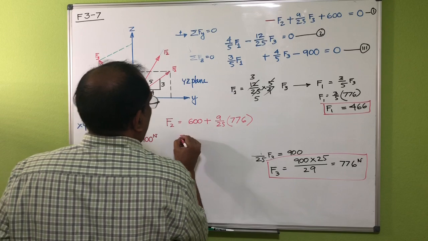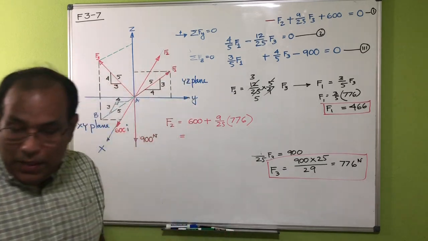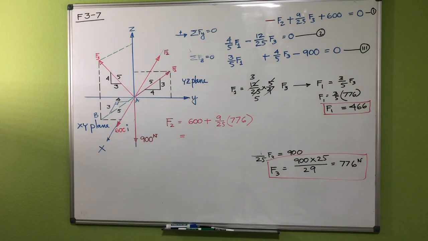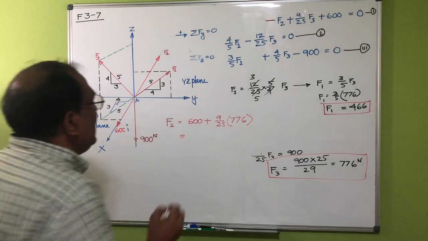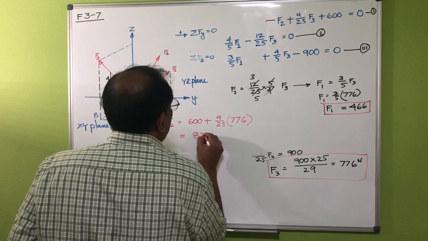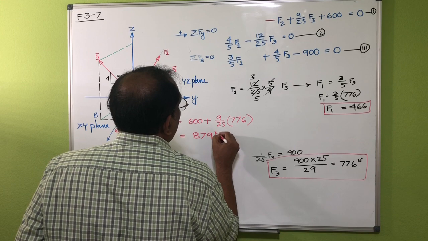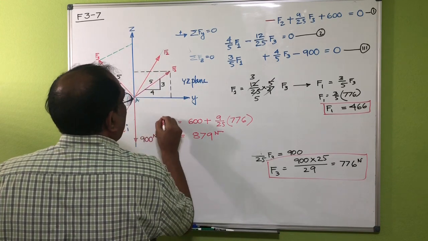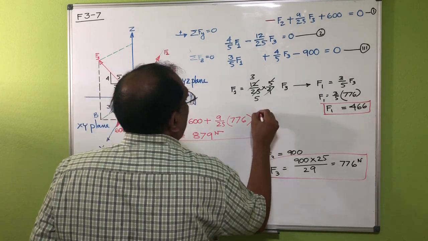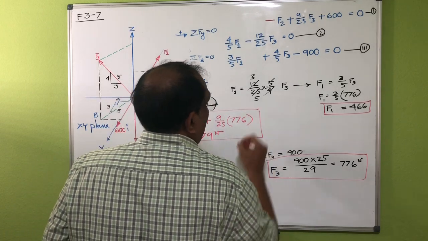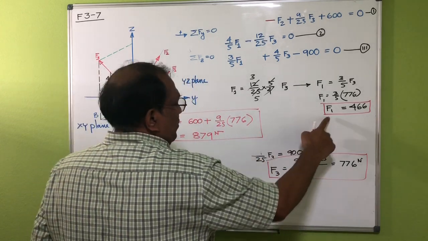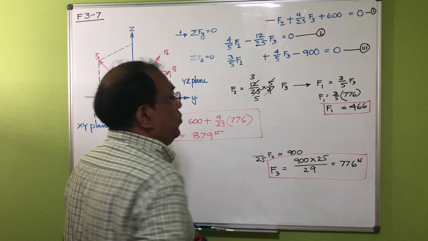So if you add them, that would be 879. Okay, so that is basically the answer here, F1, F2 and F3.